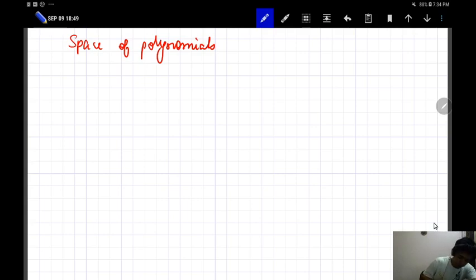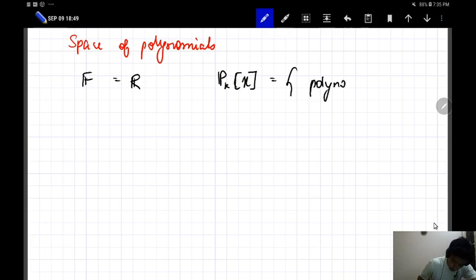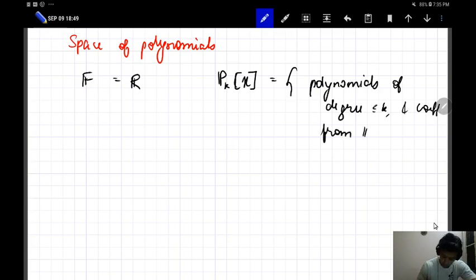So suppose that we have a field F. For now, let's just take F to be equal to R, but this generalizes to any field, and for any positive integer k, I'll define Pk(x) to be the set of all polynomials of degree less than or equal to k with coefficients from F, with the indeterminate x.